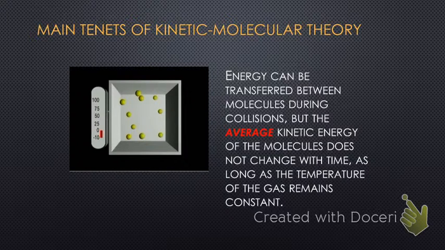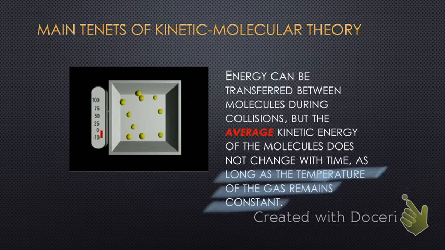That's the one caveat: if the temperature remains constant, then the total average kinetic energy of this collection of gas does not change. The individual molecules may have fluctuating energy levels, but at a macro scale, it doesn't change.